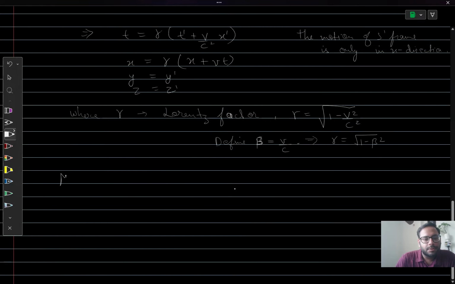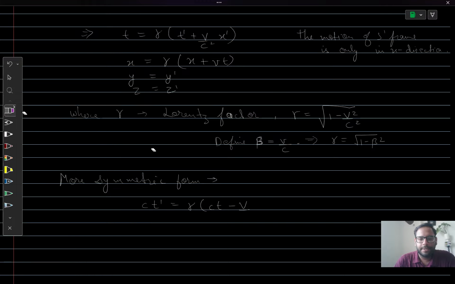Now, more symmetrically, I can rewrite these equations in a more symmetric form, like ct prime is equal to gamma times ct minus v by c, and v by c we have defined as beta.